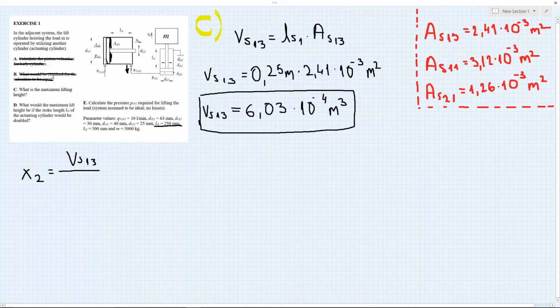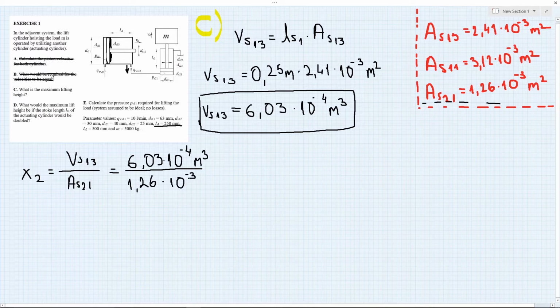And the surface area of this piston is right here. We calculated it before. AS21, and this is going to be equal to 6.03 times 10 to the minus 4 meters cubed, divided by 1.26 times 10 to the minus 3 meters squared.